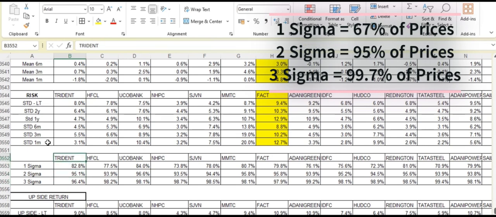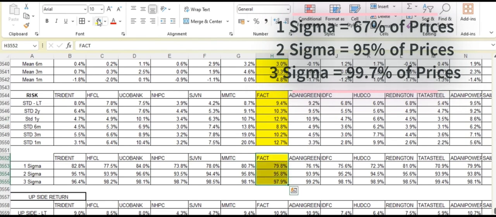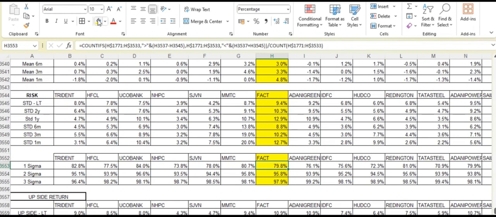Here, since we have already identified the stocks of our preference, which is FACT and MRPL, we will directly look at their values. Now, here, if you see, the 1 sigma value for FACT is slightly higher than the standard rule, which is 67%.